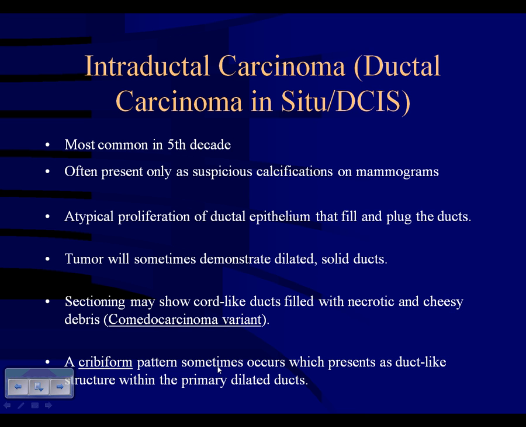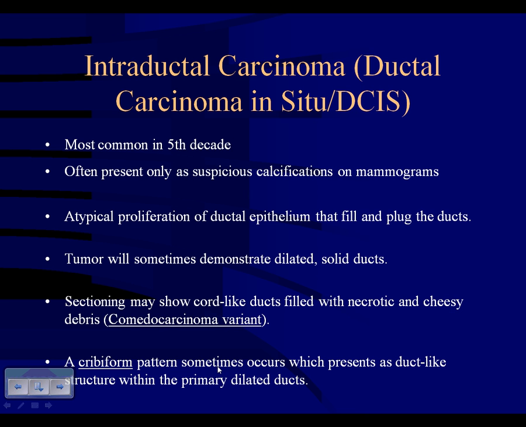It's called comedo because the ducts, when they expand, tend to show central necrosis, giving it this cheesy appearance in the center, which gives it its name, comedo. That's how it's related to that appearance of the central necrotic ducts.